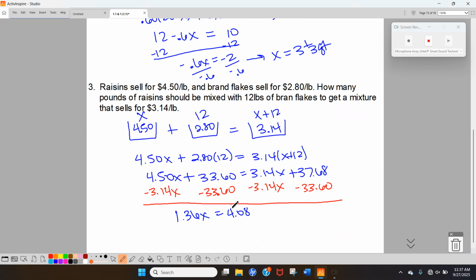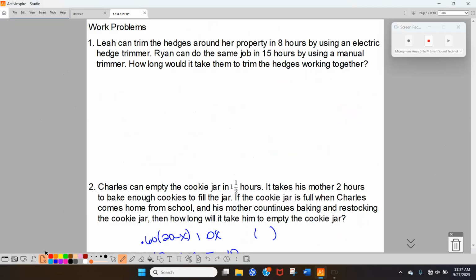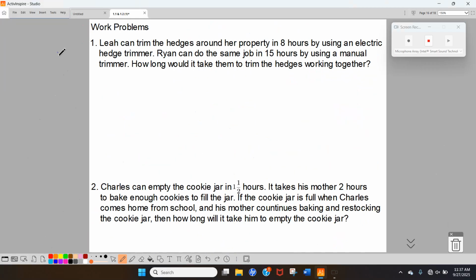And if we divide by $1.36, then we get 3. So 3 pounds of raisins. All right, next type. So again, the one on your test will look a lot like number 1.